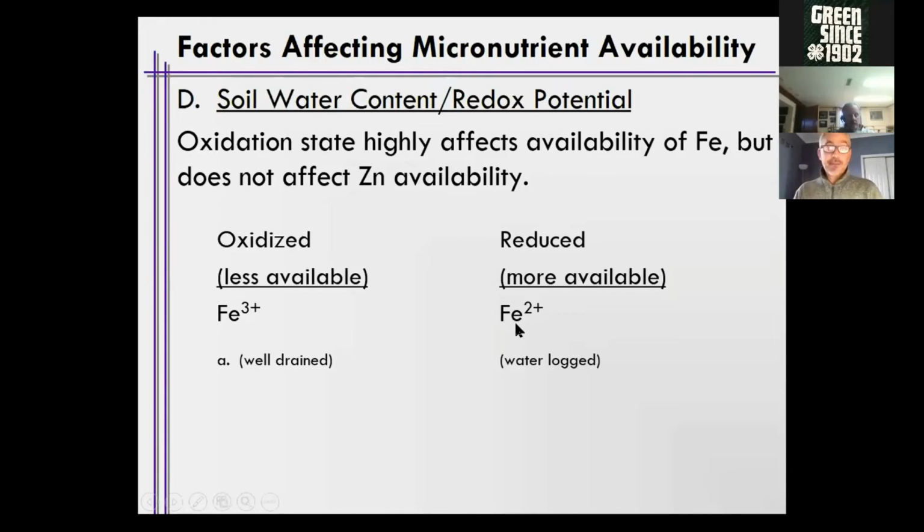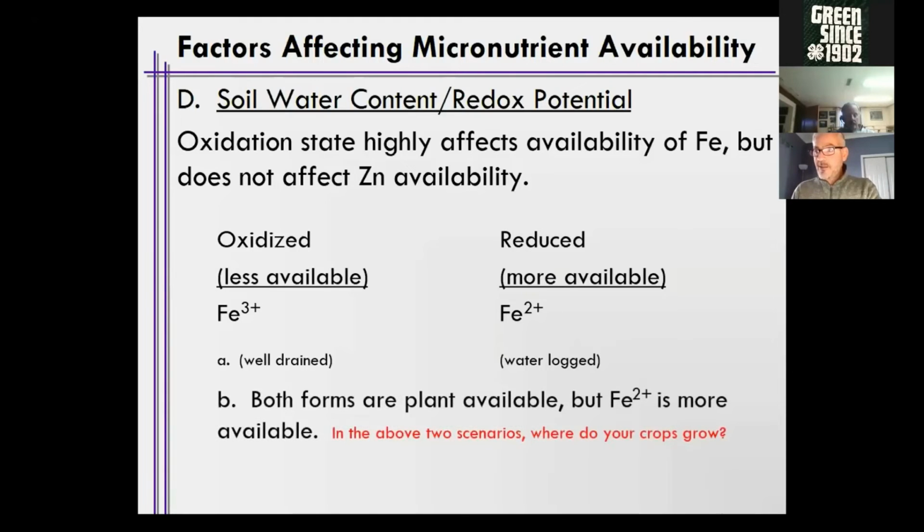In fact, depending on conditions, iron 2 plus can be 10,000 to almost 1,000,000 times greater fold in terms of availability over iron 3. But the kicker is, in the above two scenarios, where do you grow your crops? Right? You grow your crops over here.